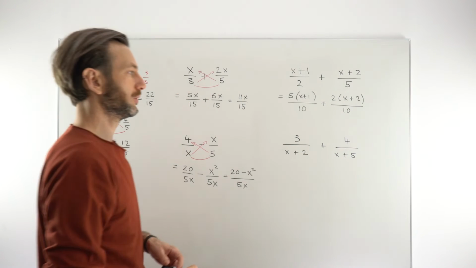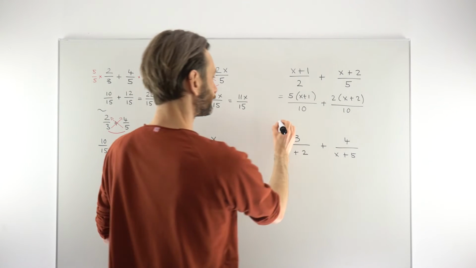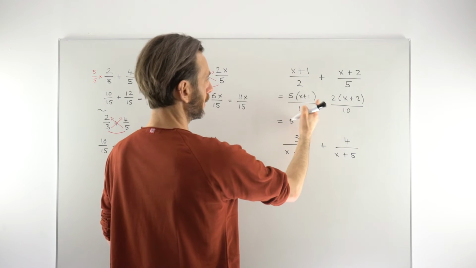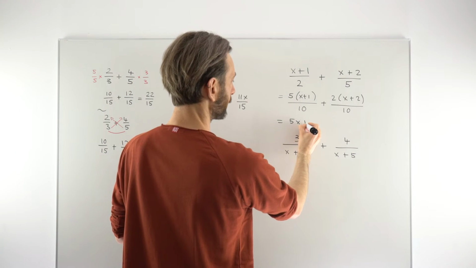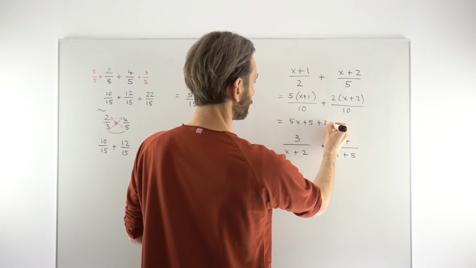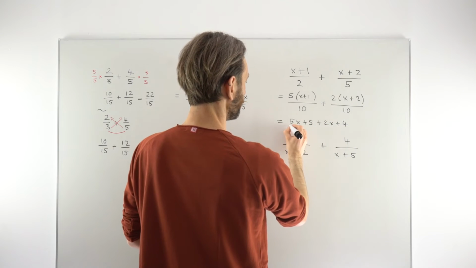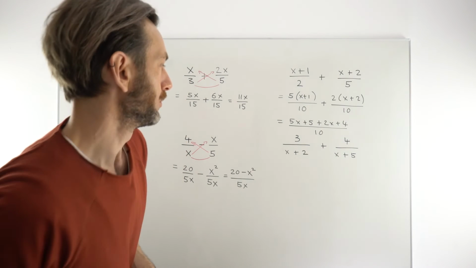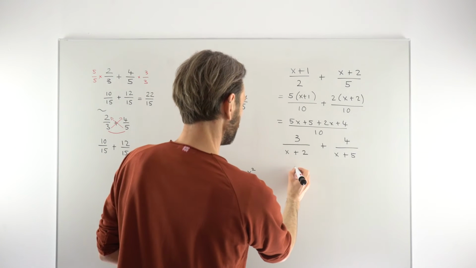And then we've got a common denominator, so we can merge them together. So 5, I'm just going to go ahead and multiply out my bracket at the same time. So 5x plus 5 plus 2x plus 4, all of that divided by 10. Just going to move this example down, it's starting to get in the way.